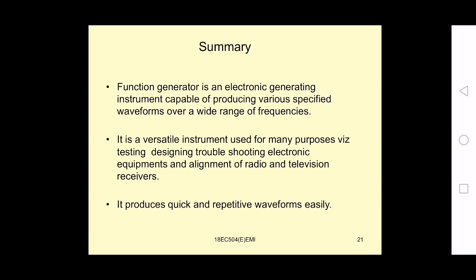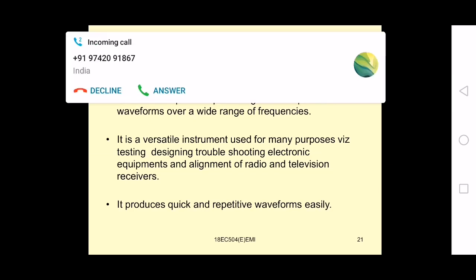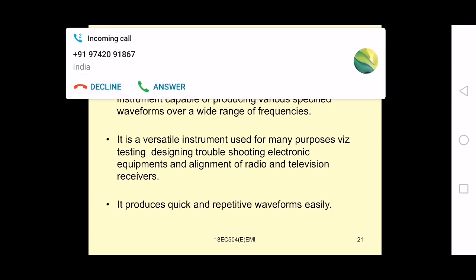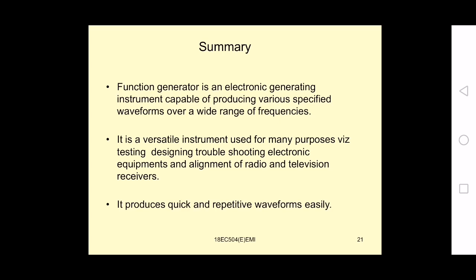So a function generator is an electronic instrument capable of generating various specified waveforms over a wide range of frequency. It is a versatile instrument used for many purposes, that is testing, designing, troubleshooting electronic equipment and alignment of radio and television receivers.